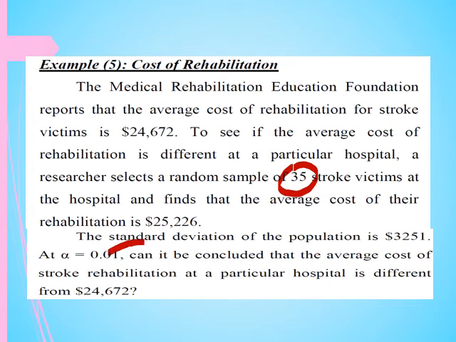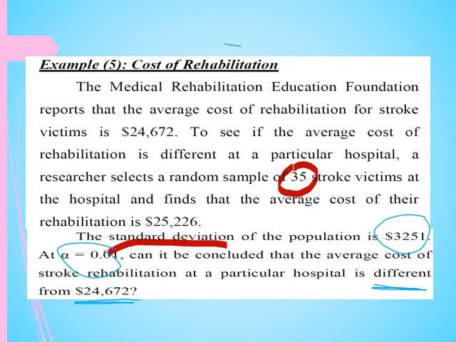The standard deviation of the population is 3,251. At a level of significance alpha equal to 0.01, can it be concluded that the average cost at a particular hospital is different from this value?